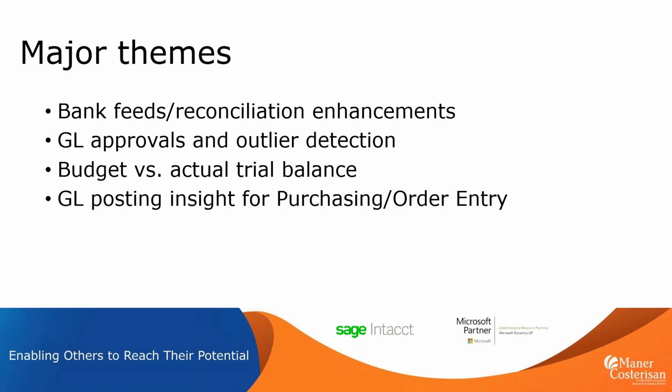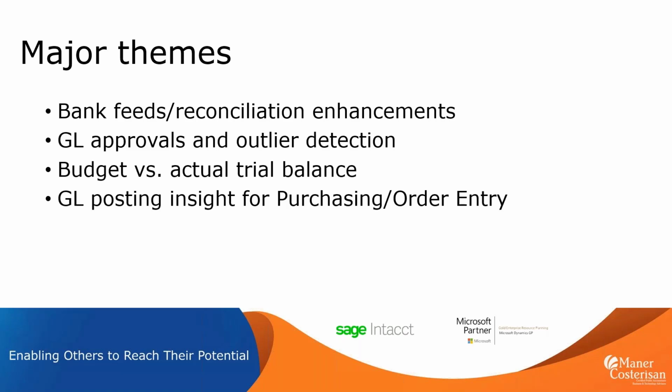Because traditionally, if you post something inside of purchasing, since you use item codes and not necessarily general ledger numbers, you sometimes need to run a general ledger report or something similar to figure out, did this post correctly?